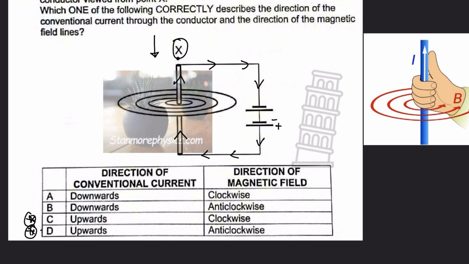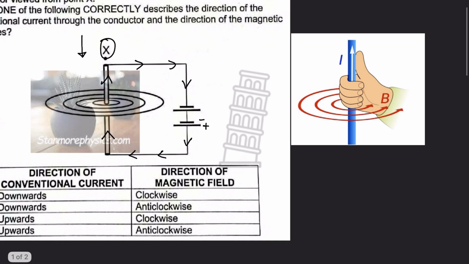Next, let's look at the direction of the magnetic field. So remember, with electromagnetism, you are using the right-hand rule. I've attached a picture here so you can imagine what it would look like. It is as if you are holding a can with your right hand or a cylinder with your right hand.